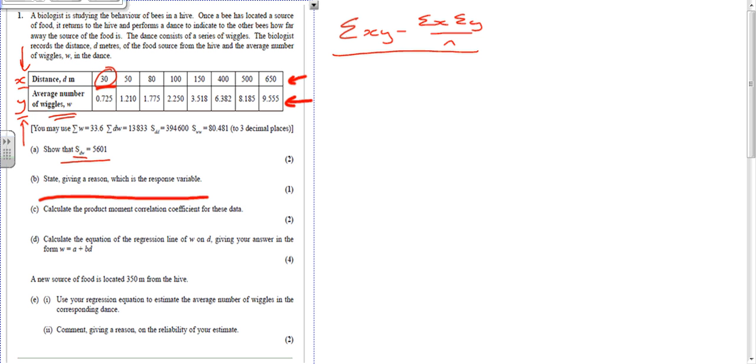Now, in terms of our question, if we substitute x for d and y for w, that's going to be the sum of dw minus the sum of d times the sum of w, all over n. Then it's just a matter of plugging these numbers in.